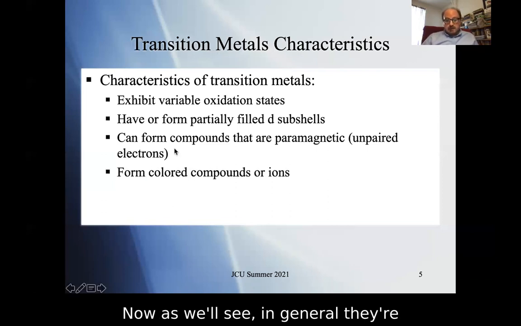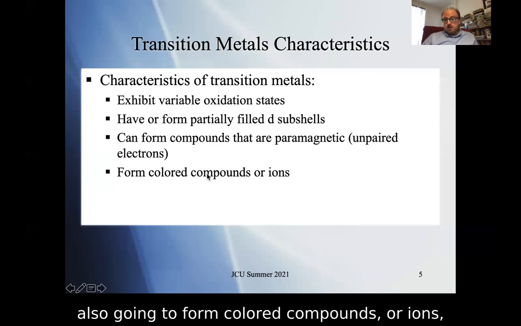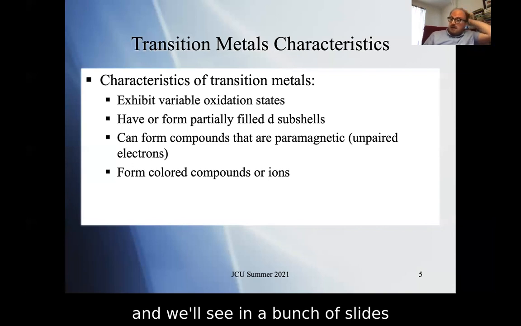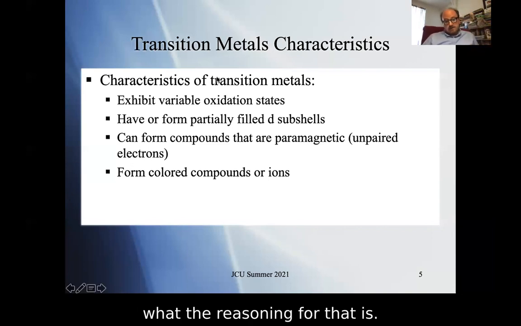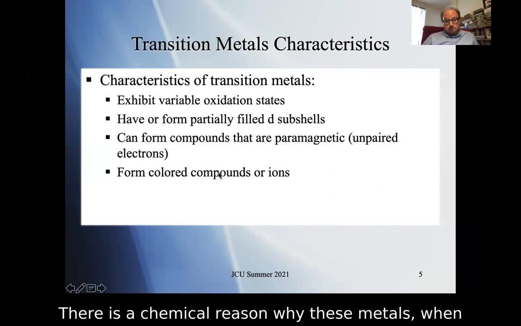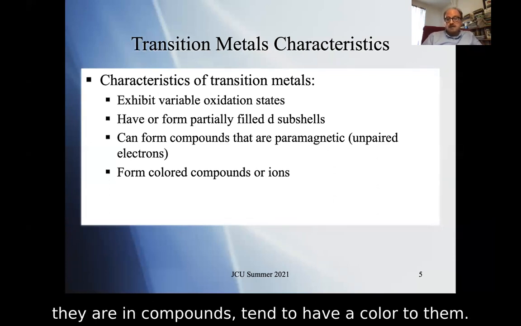As we'll see, in general, they're also going to form colored compounds or ions. We'll see in a bunch of slides what the reasoning for that is. There is a chemical reason why these metals, when they are in compounds, tend to have a color to them.